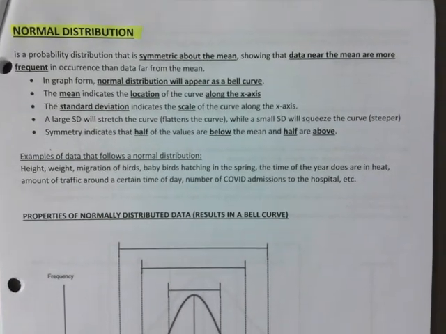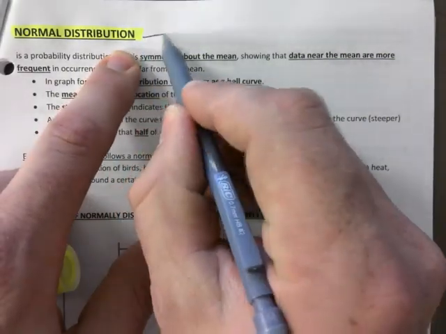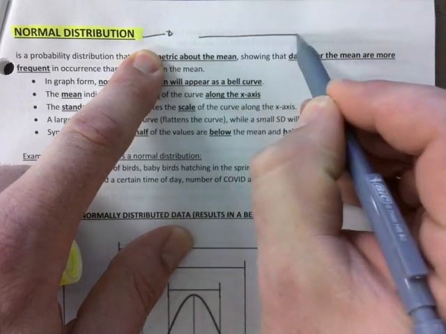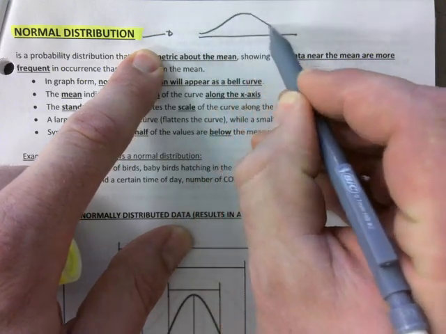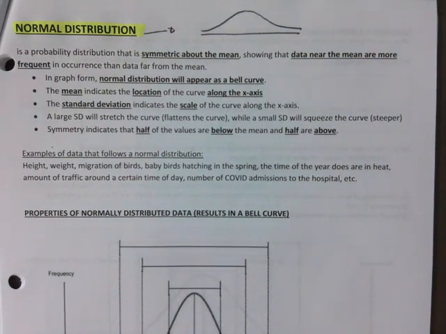24. Normal distribution. Okay, so this is where we're going to spend a lot of our time and energy moving forward. When you think normal distribution, I want you to immediately think of a bell curve. That's what normal distribution is all about.